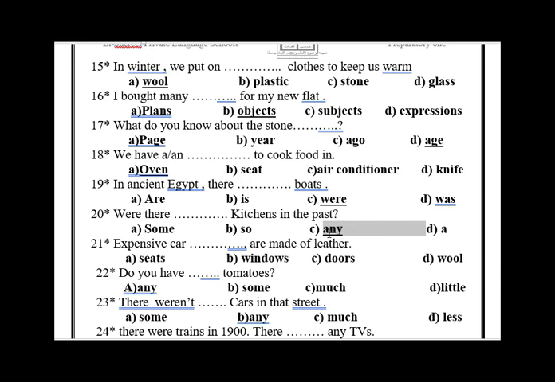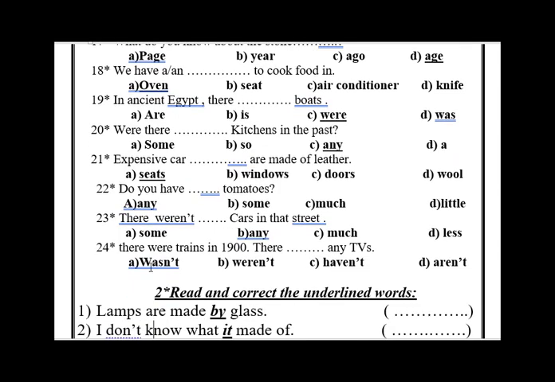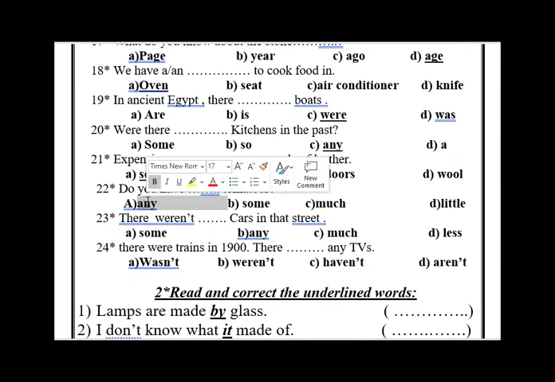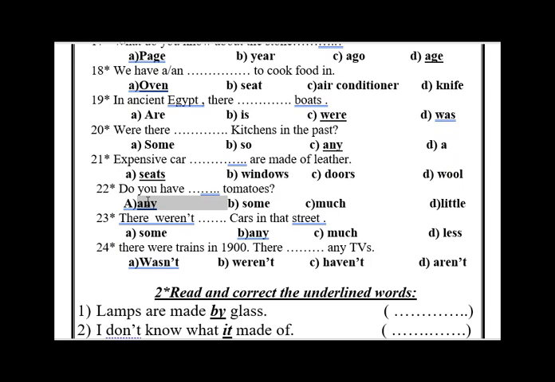Number 21, expensive cars are made of leather. So expensive car seats are made of leather. Number 22, do you have tomatoes? So do you have any tomatoes? Number 23, there weren't cars in the street.